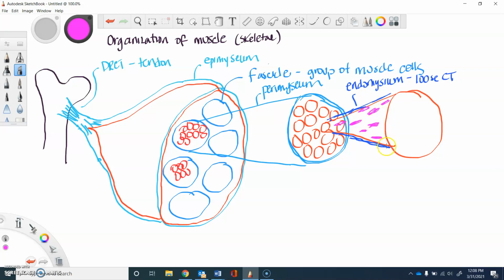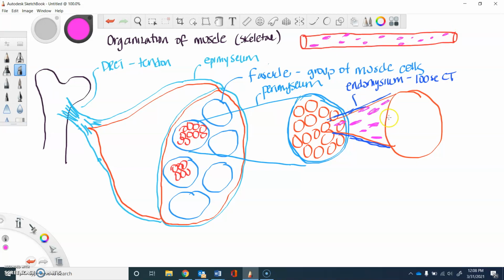Okay? So a muscle cell, if you remember, looks kind of like this. It's a long cylindrical cell. It looks a little bit like that. It has nuclei all around it that are shoved to the periphery, and it's striated.